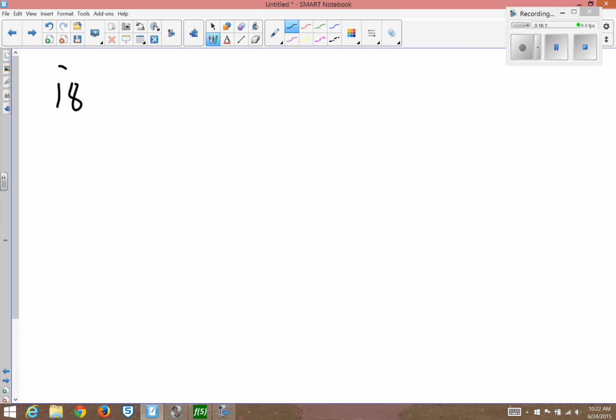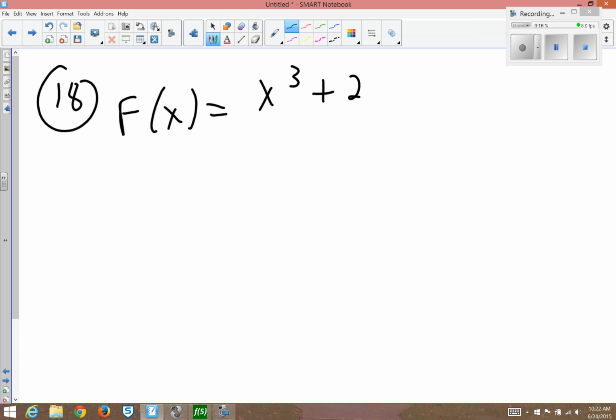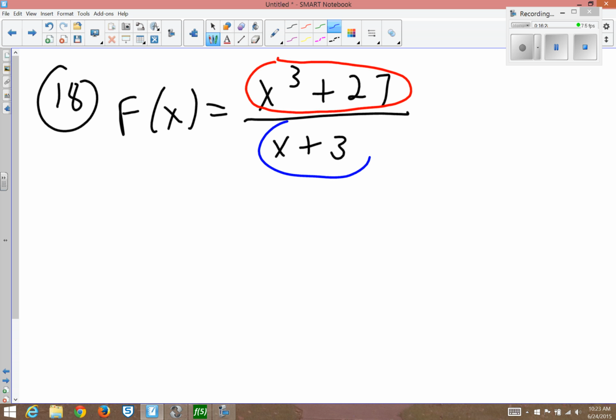Number 18, f of x equals x to the third plus 27 over x plus 3. I'll circle the numerator with red and the denominator with blue. This is called a quotient.